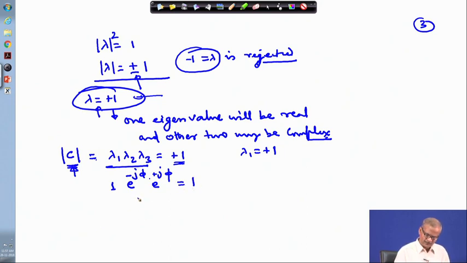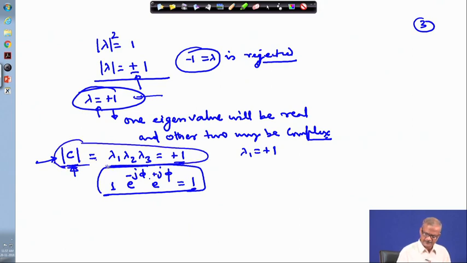Okay. So, obviously we can see that this is satisfied, this is the property of the determinant of a matrix. And if we take the other two as the complex conjugate and one as the real eigenvalue, we get this 1. So, this is satisfied.